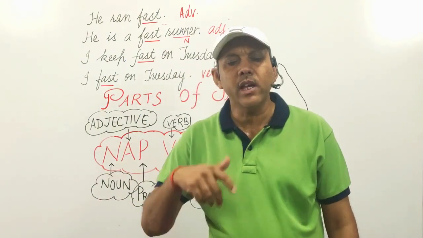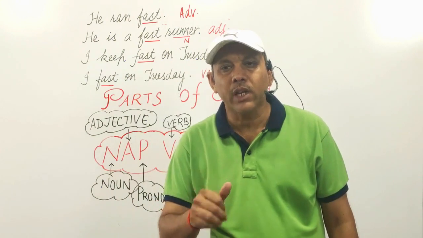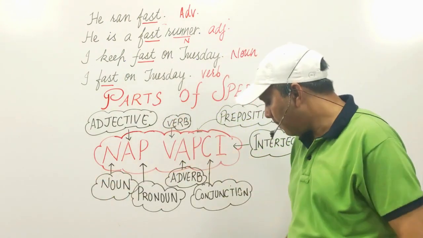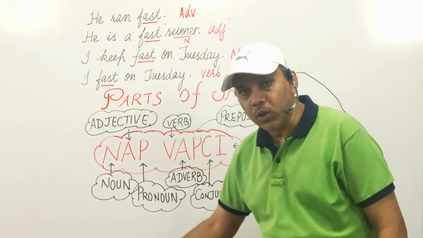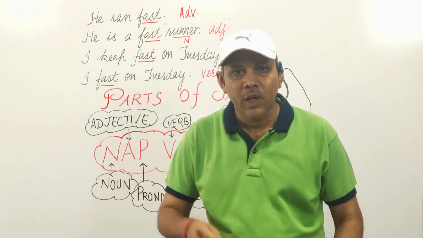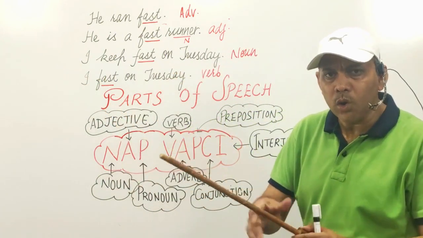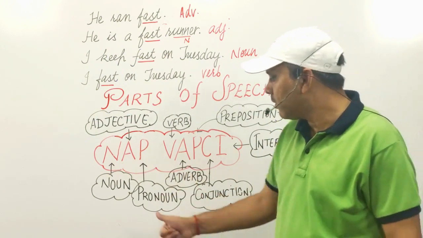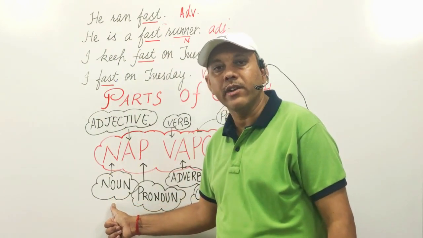Close your eyes, think whatever you can. Whatever you think is a noun. For example, light, board, marker, duster, book, Surender Kumar, t-shirt, cap, pointer. All of these things are nouns. Nouns are of different types. We will discuss nouns later in detail.